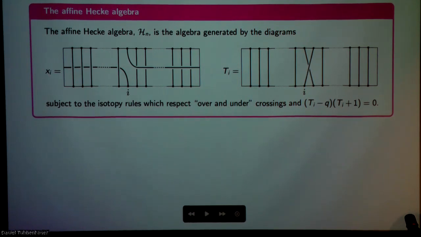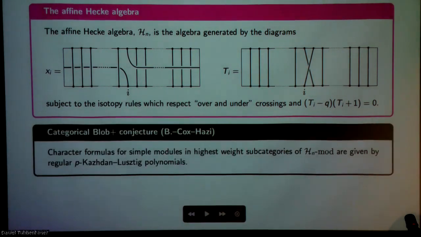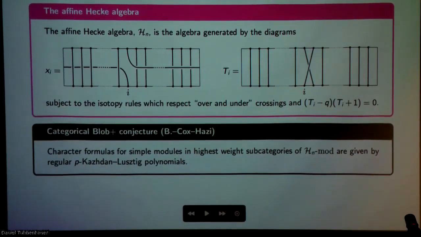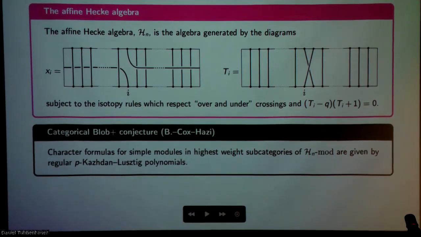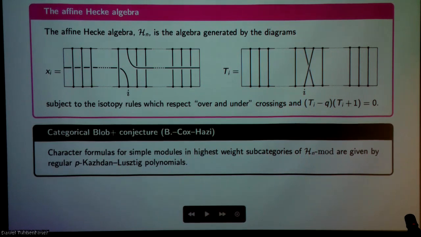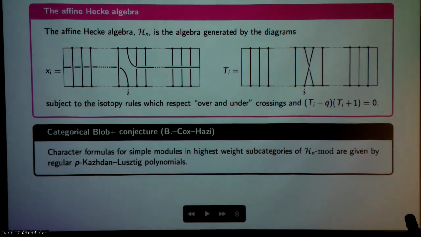But if you don't like that definition, we've seen plenty of definitions this week. So the Hecke category of the previous slide controls the affine Hecke algebra, which seems stupid as a statement, but let me try and point out how this works. So we like the Temperley-Lieb algebra, and we want to understand its representation theory.